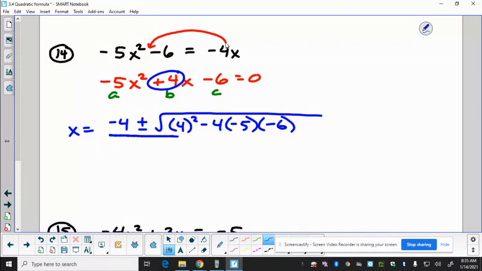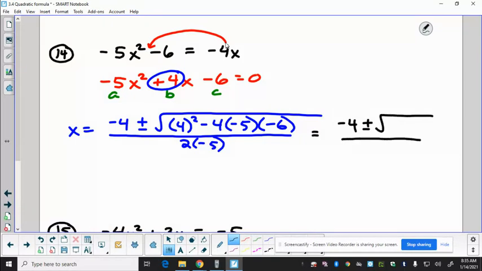Let's go ahead and simplify that a little bit more. So we've got negative 4 plus and minus. We will calculate the discriminant in just a moment. In the denominator, when you multiply, you get negative 10. So let's look at this discriminant now. Once again, you can turn to your calculator if you want to.